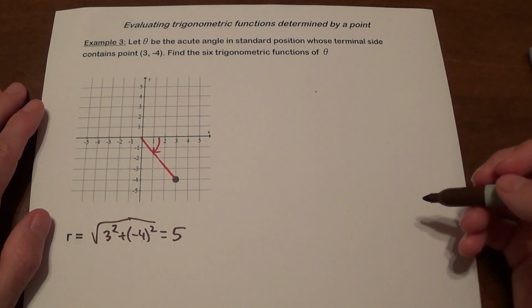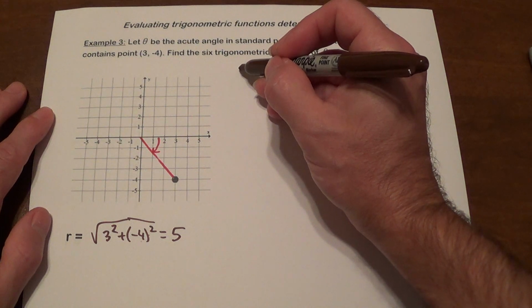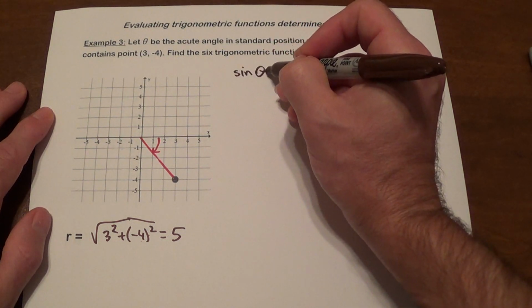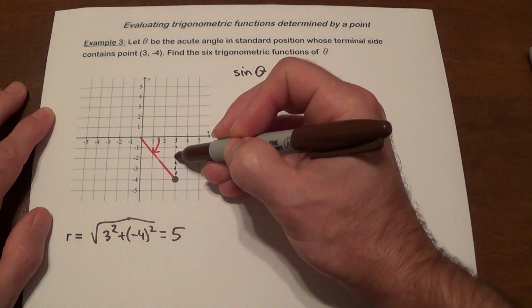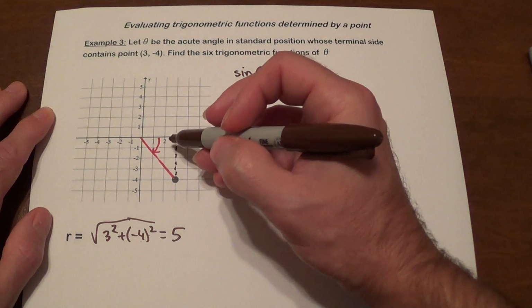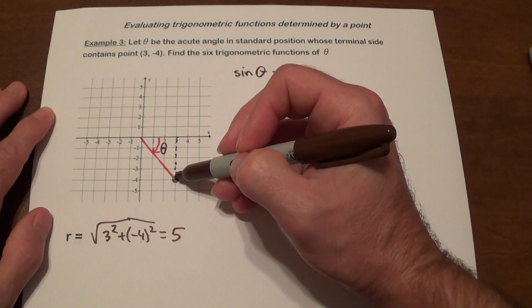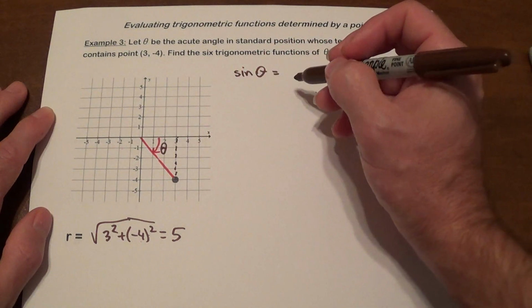And just like we did before, we're going to have to be very careful when we determine and evaluate each one, because we need to pay attention to signs. So sine theta, this is our right triangle, so let's label it theta. Sine theta is going to be opposite over the hypotenuse. So opposite here is negative, right?